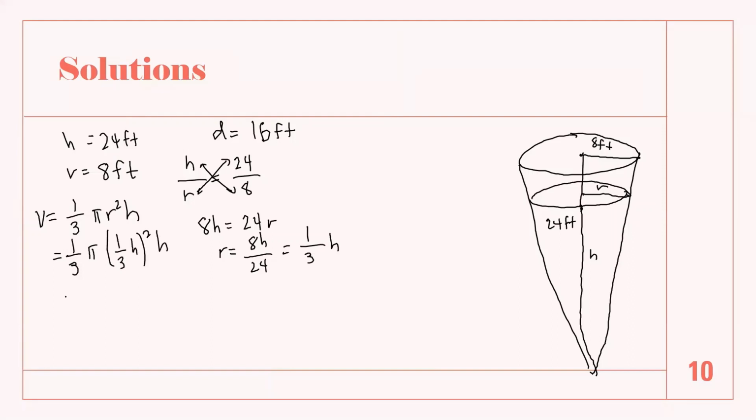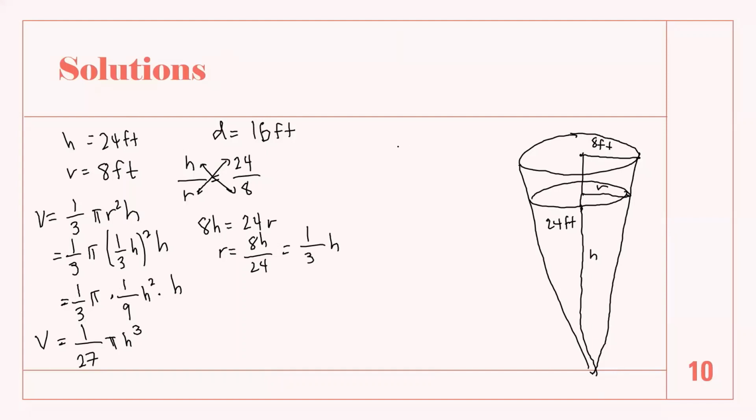Okay, so we're going to simplify po. 1/3 squared is equal to 1/9 times h squared then h. So, 1/3 times 1/9 is 1/27 pi then h cubed. So, this is now the volume in respect of the height.